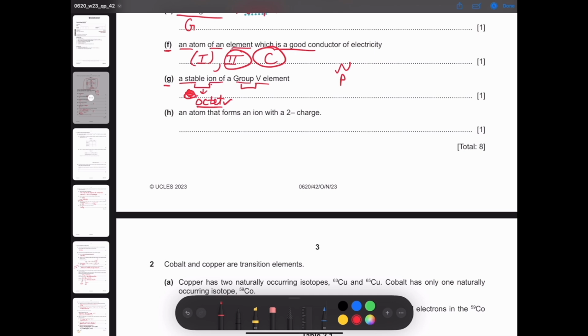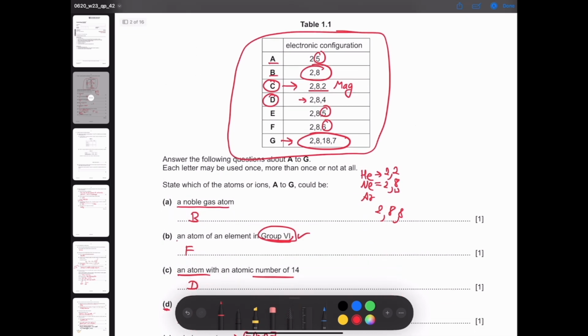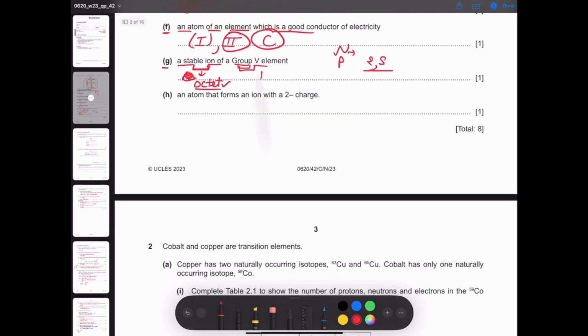In group 5, the valence electrons are 5, but they're not asking about a group 5 element. They're asking about a stable ion from group 5. So, again, you need to look at something which has a stable configuration. And in the data, the stable configuration only one has, that is B. So, your answer should be B here.